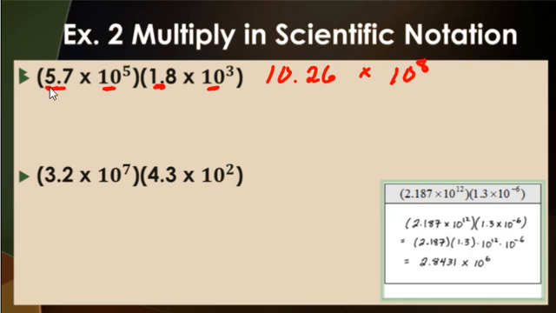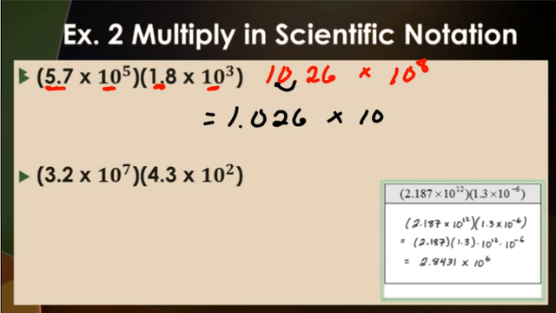But our answer has to be in scientific notation. Our answer is not in scientific notation because our decimal is not between 1 and 9. So I have to move the decimal point 1 to the left. So really the answer is 1.026 times 10, but it's not 10 to the 8th, because now we have to change the exponent.